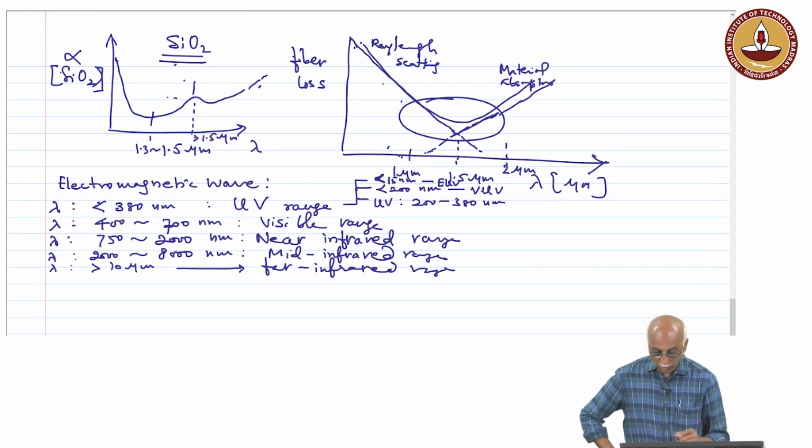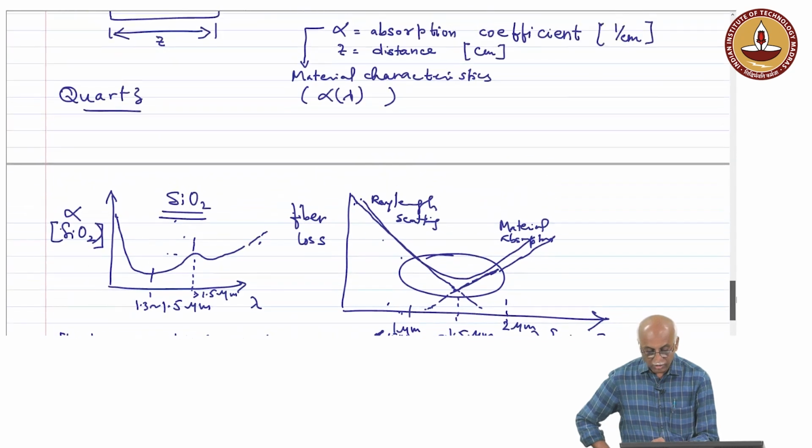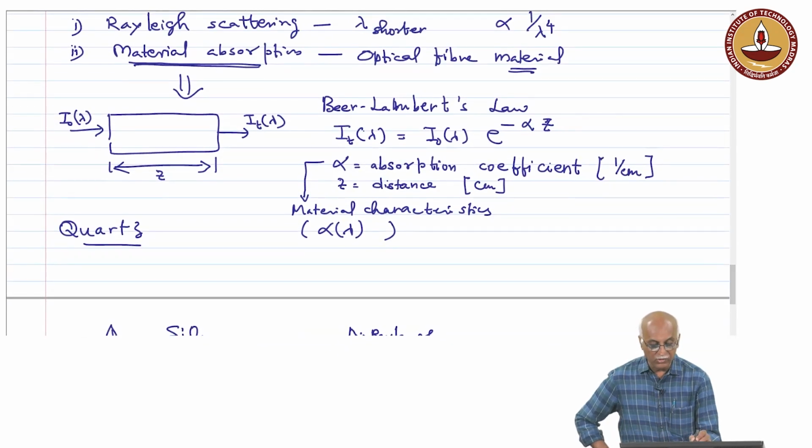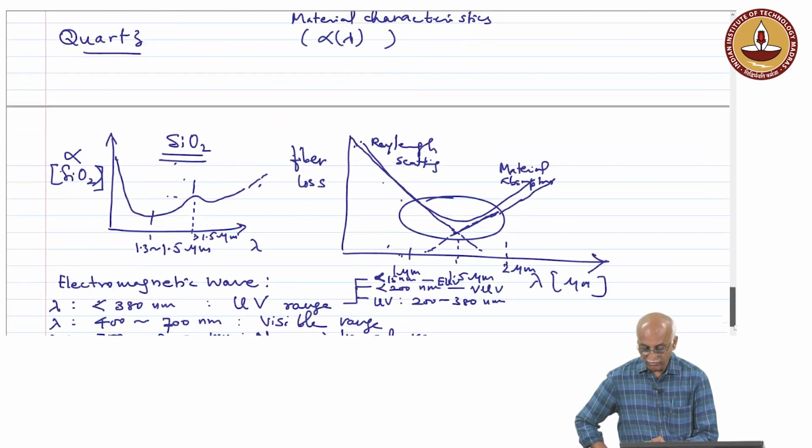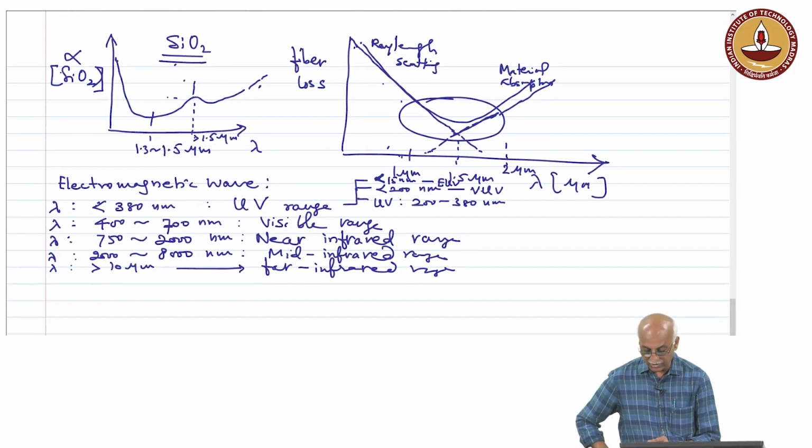Now, there is one more way to represent these losses. I showed you the Beer-Lambert law, and told you that the intensity variation can be estimated if I know the alpha value for the material at a particular wavelength lambda, and how the transmitted light intensity varies as the distance increases.